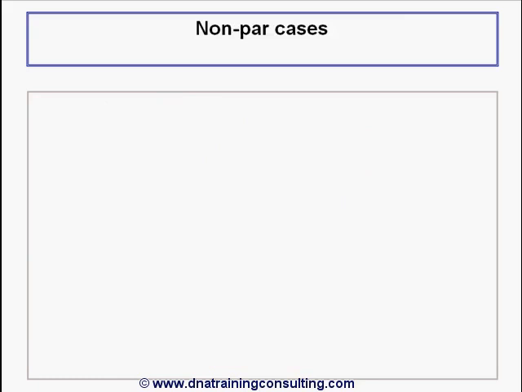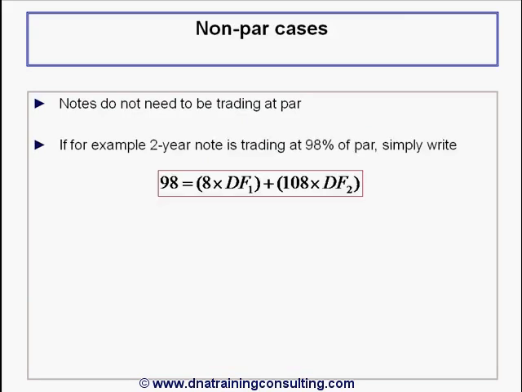One last thing to note before we proceed is that the note we are decomposing does not need to be trading at par. If, for example, the 2-year note is trading right now at 98, suggesting, of course, a higher yield to maturity than its coupon, we would simply replace the 100 in the above equation with 98 and proceed exactly as before.